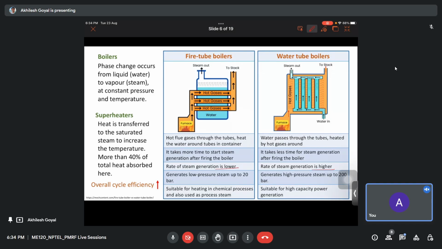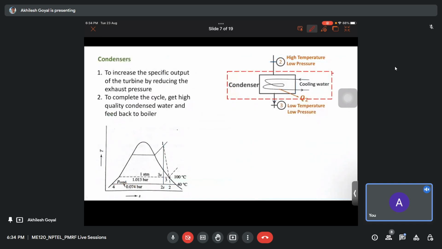Also, fire tube boilers work at a low pressure up to 20 bar, but water tube boilers work at high pressure up to 200 bar. Okay, so these are the two main types of boilers and the differences between them.